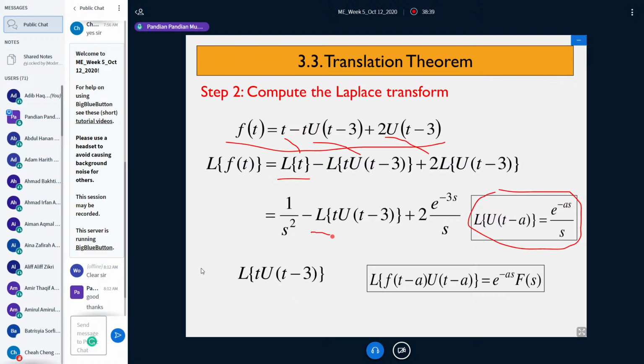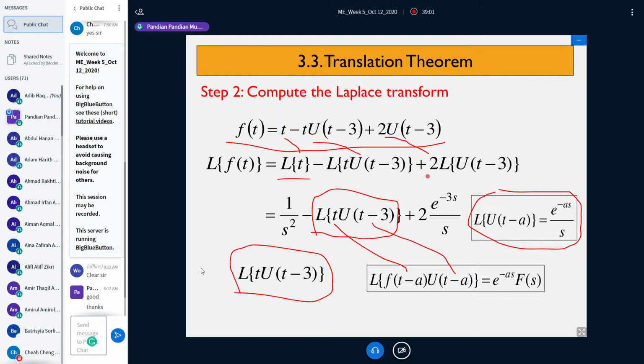But Laplace of t u(t minus 3), we have to do some modification because this one is u(t minus 3), but here only t. So we have to make it f(t minus 3). So we leave aside first. We look into this later in the next slide.